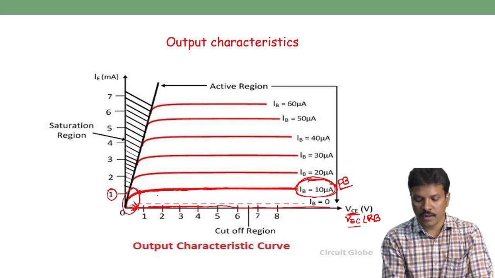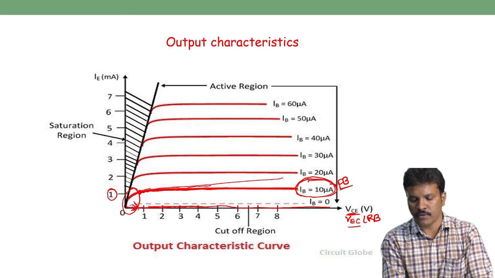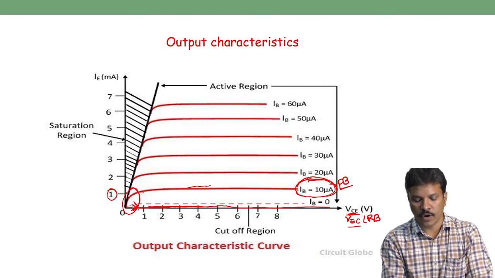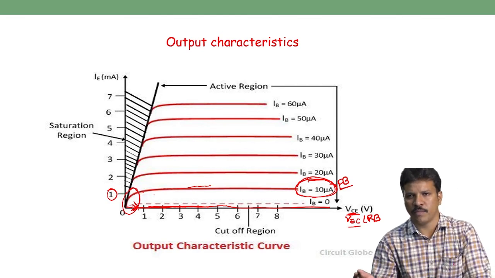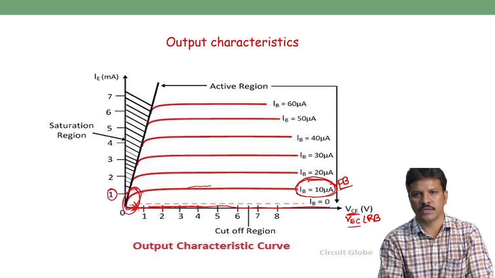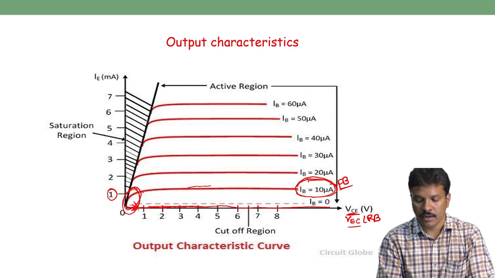Here, when we change the voltage, the slope slowly varies, like 1.1, 1.2, 1.3, 1.4, but up to this region there is only a sharp increment in the current.